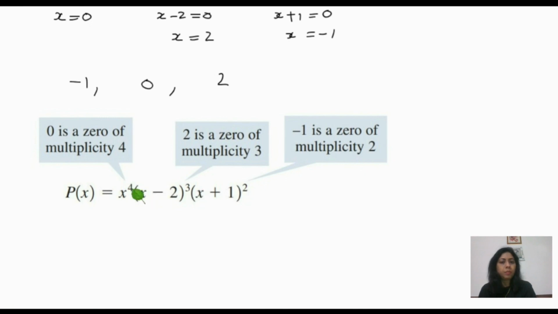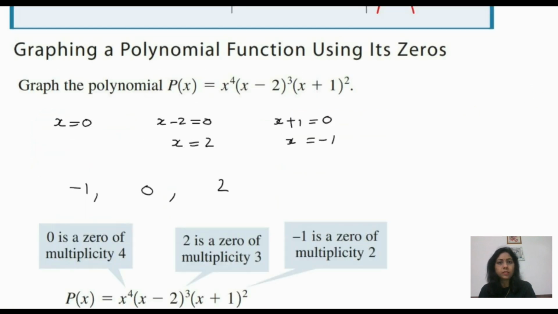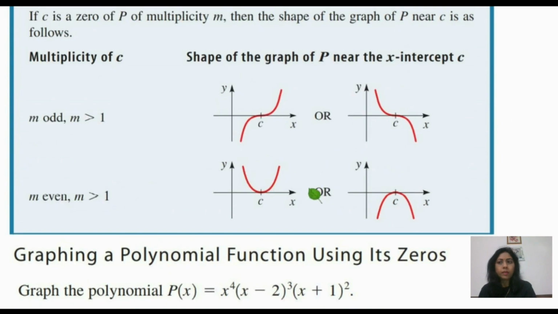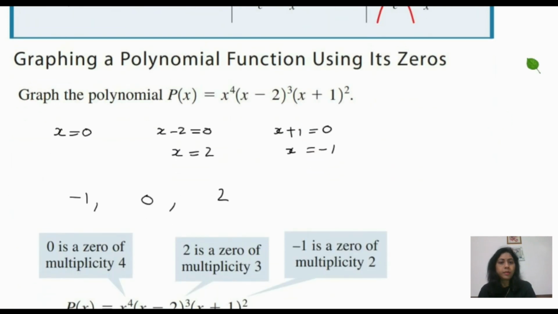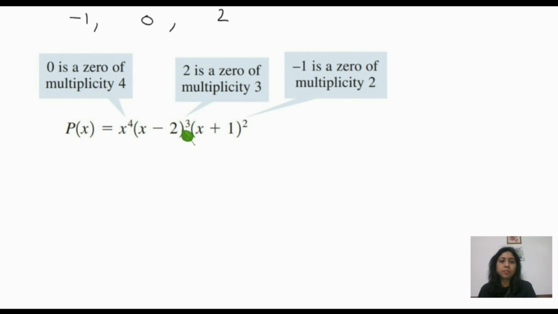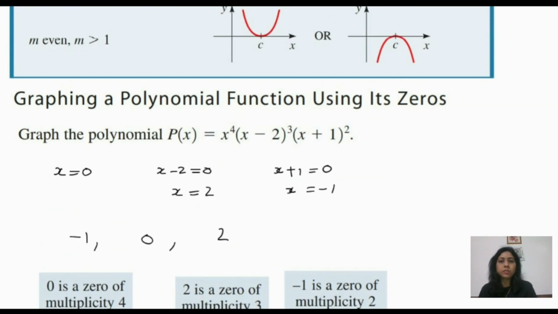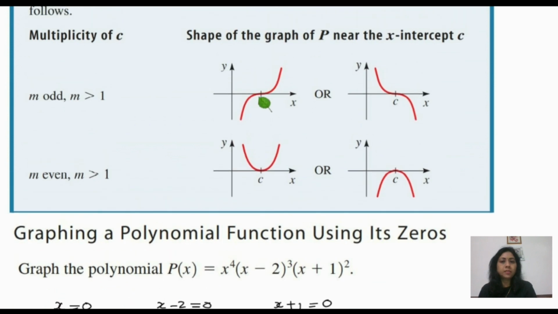So when the multiplicity is even, the graph doesn't cross the x-axis, according to this. And if the multiplicity is odd, the graph crosses the x-axis at the point C. And near C the graph looks like this.